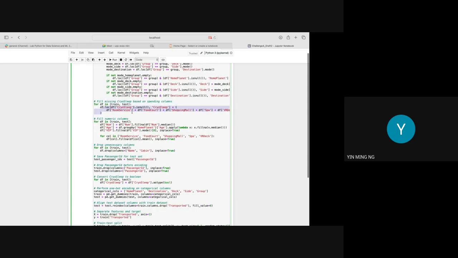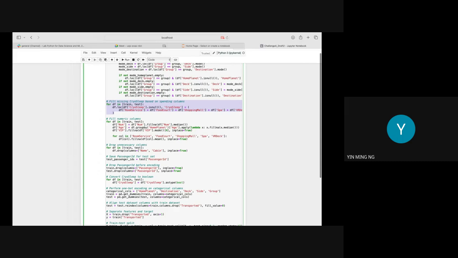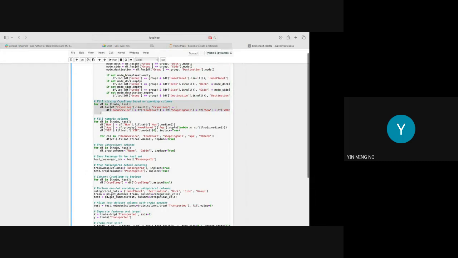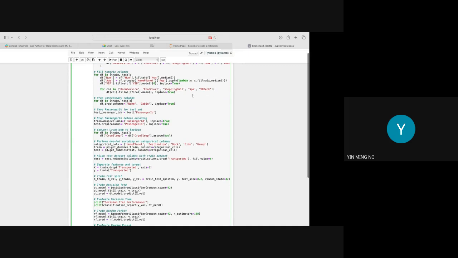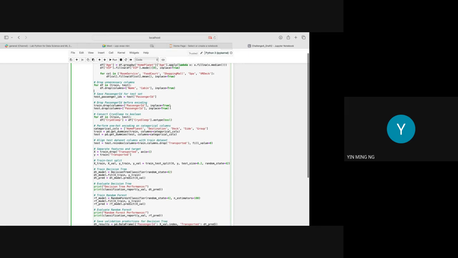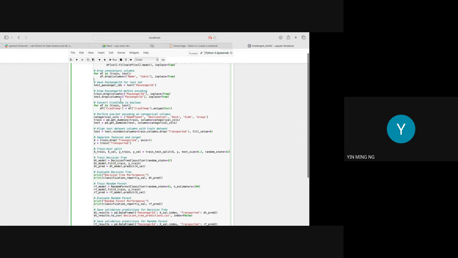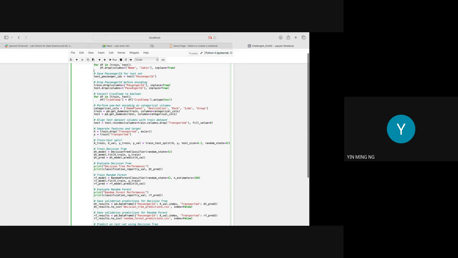Yeah. Otherwise, they will be set to false. Yeah, this part. Then after that, we try to fill in the rest of the numeric columns with median or mean, and then we try to convert it to Boolean as well.